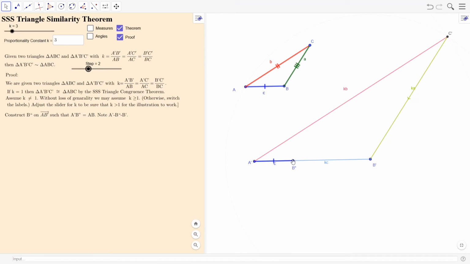Okay, so go out here and make a new point, B double prime, so that the distance from A prime to B double prime is the same as the distance from A to B. Next we're going to use the parallel postulate to make a line parallel to this line B prime C prime, and find out where it intersects this line is C double prime, and notice that since this is the longer one here than that, we're going to get C double prime between A prime and C prime.